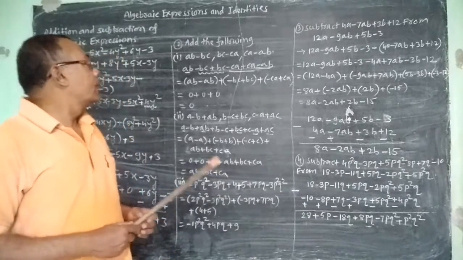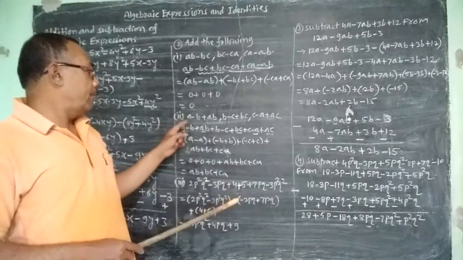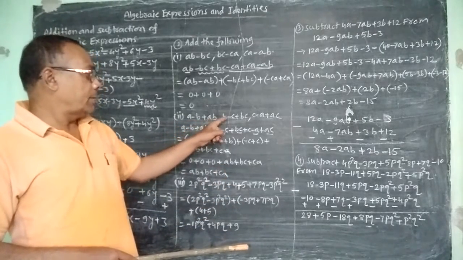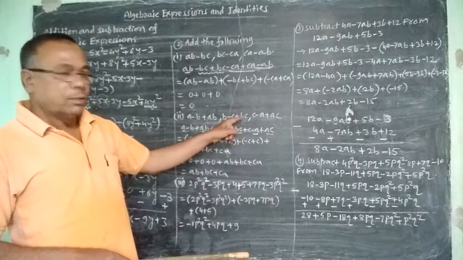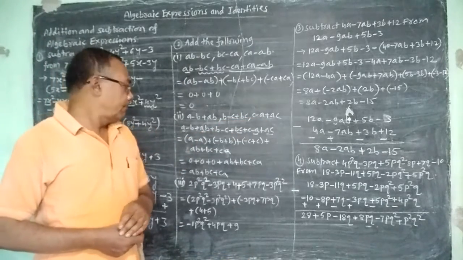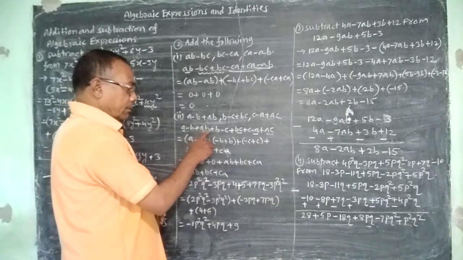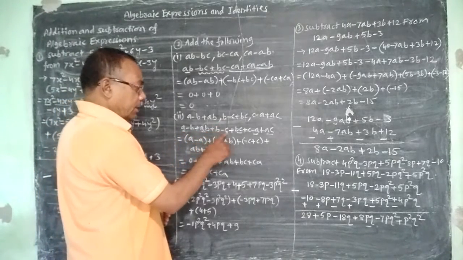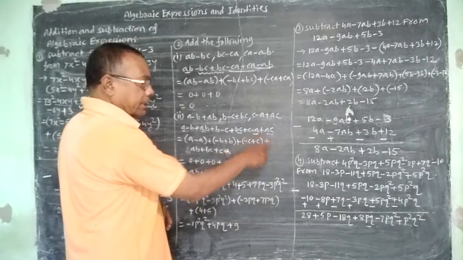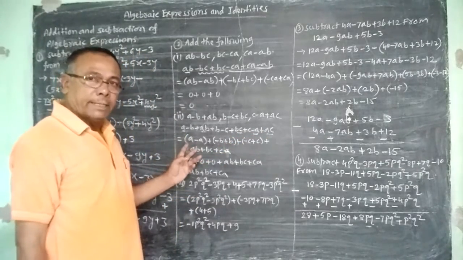Now in the second question, we have to add A minus B plus AB, comma, B minus C plus BC, comma, C minus A plus AC. Here A minus B plus AB plus B minus C plus BC plus C minus A plus AC. Here again I have collected the like terms in the bracket.